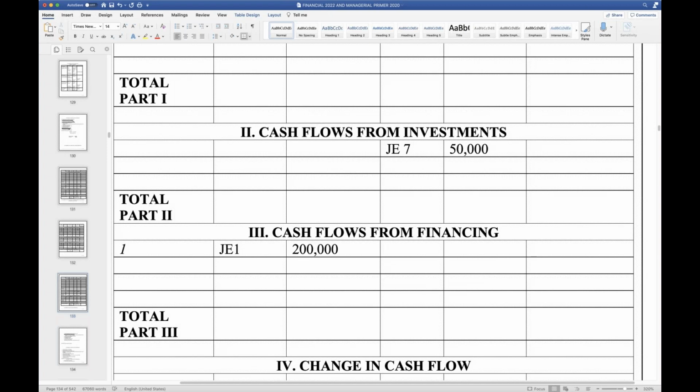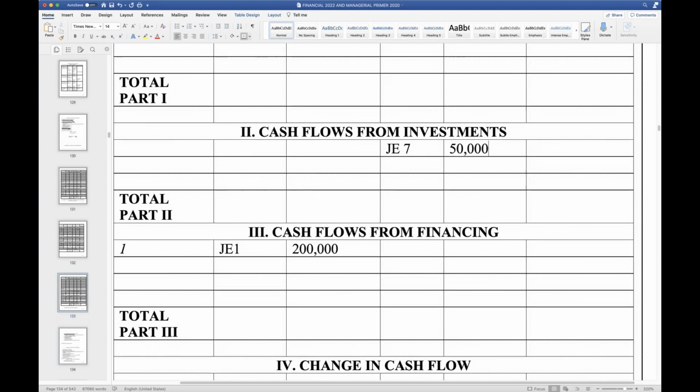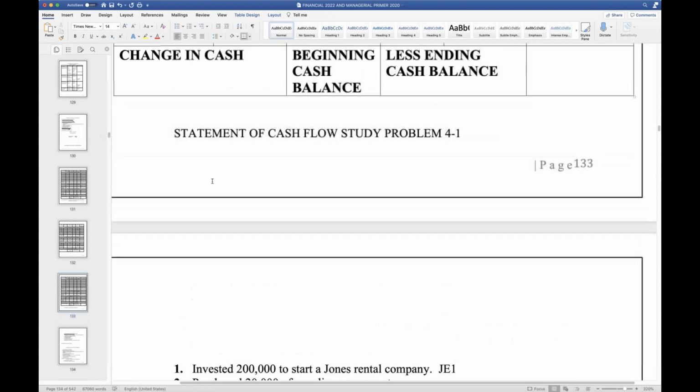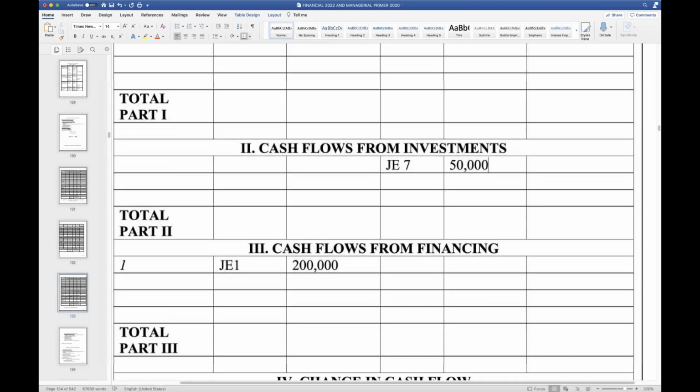You don't need to know that they paid 10,000 down. You need to know that they bought $50,000 worth of cars. So that's transaction number 3. Got to look at what you got to know.